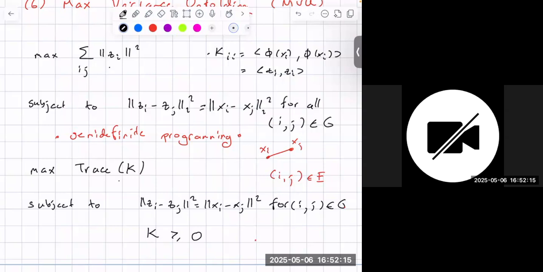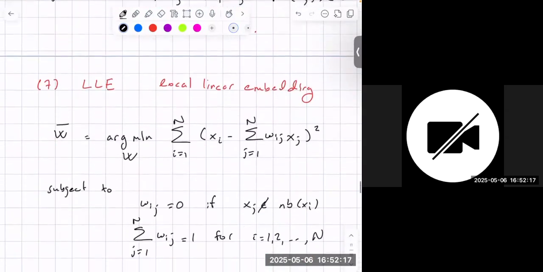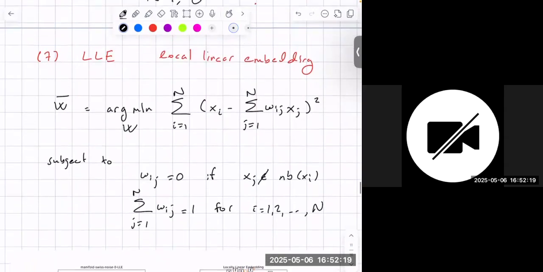Okay. All right. So the next dimensionality reduction technique in line is called local linear embedding. What does that mean? It means I am trying to use a whole bunch of linear regressions together, essentially. So locally, it will be linear, globally not.